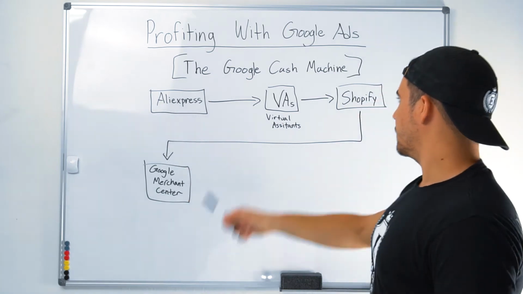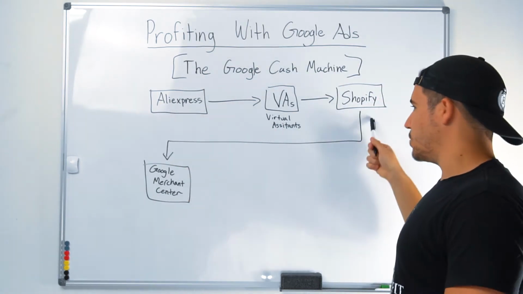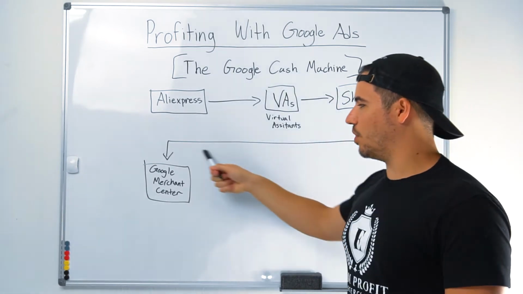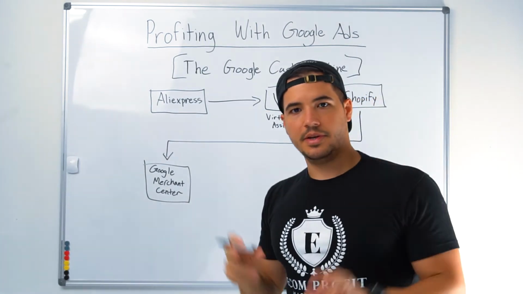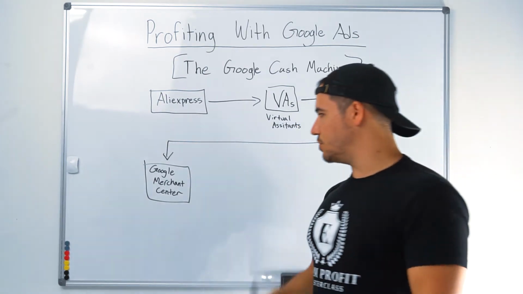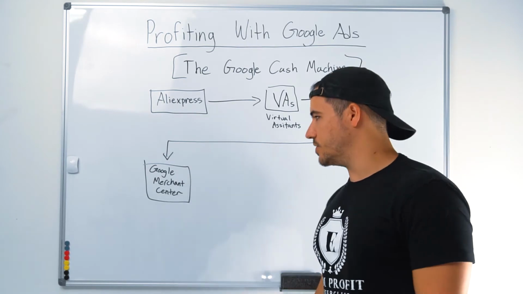AliExpress, that's where the products are. VAs grab the products, put them onto our Shopify store. From our Shopify store, we use the Google Merchant Center to extract the products, and here they're held in what we call a feed. So basically it's a list of products with all the data of the products. It has the pictures, the titles, the descriptions, all that good stuff. It's on a feed in the Google Merchant Center.